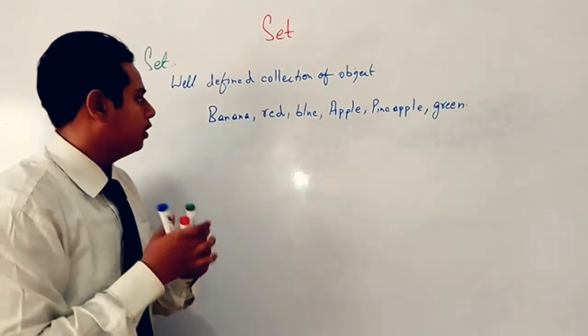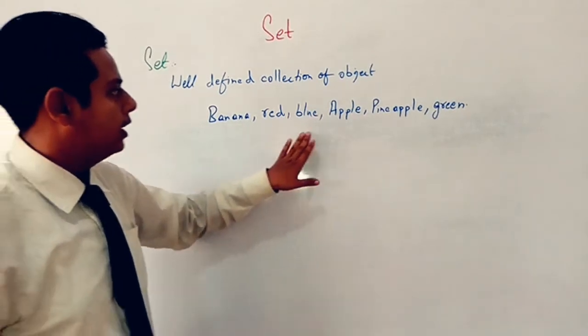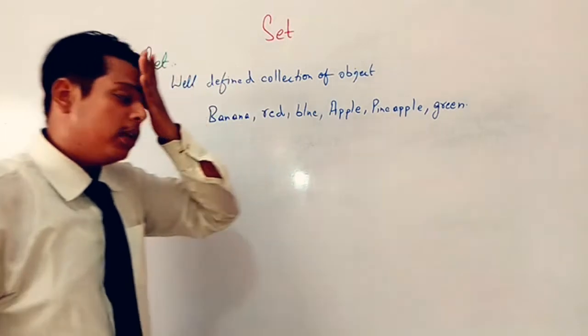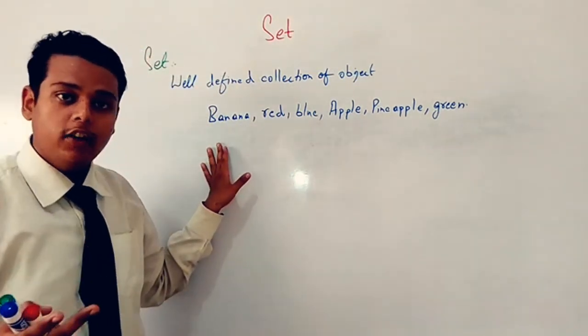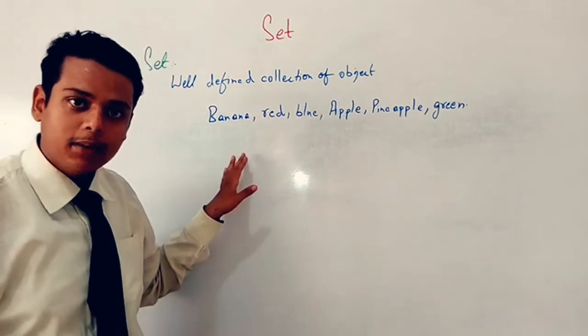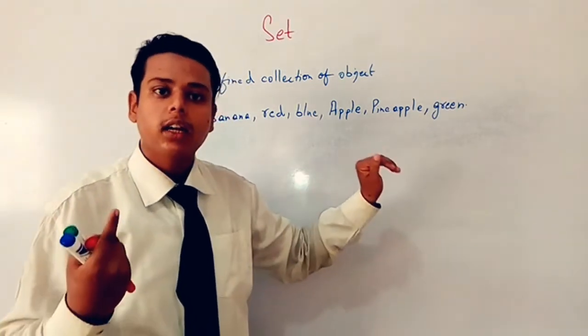We have some things over there, means banana, red, blue, apple, pineapple and green. In this one, there are two different kind of things over there. Means there are fruits as well and some are the colors.